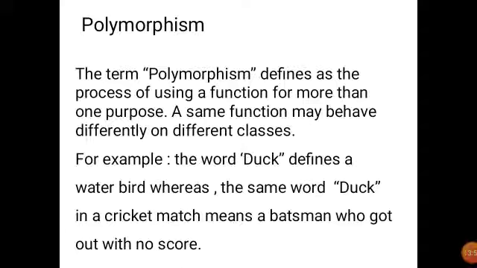Sometimes some objects we are using for multiple purposes. The same thing used in one way in one place, in another way in another place. So a same function behaves differently in different places.